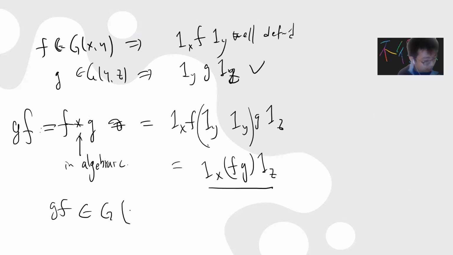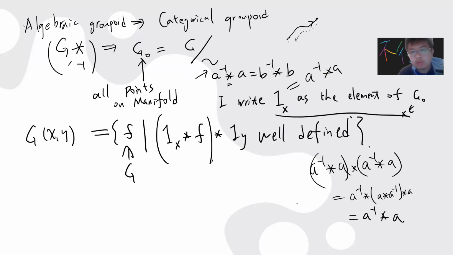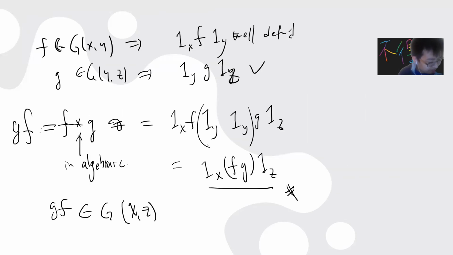So I can define it to be in G_XZ. Okay, so we've already checked the composition, and this is just the definition. This is just the result. So that is the proof.